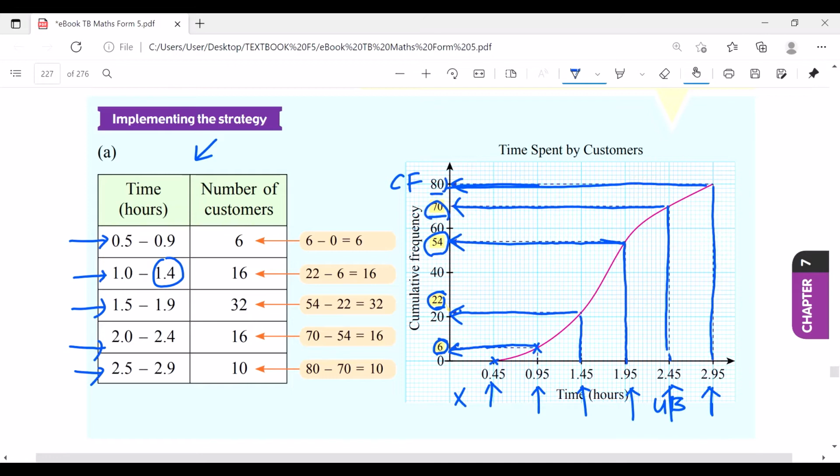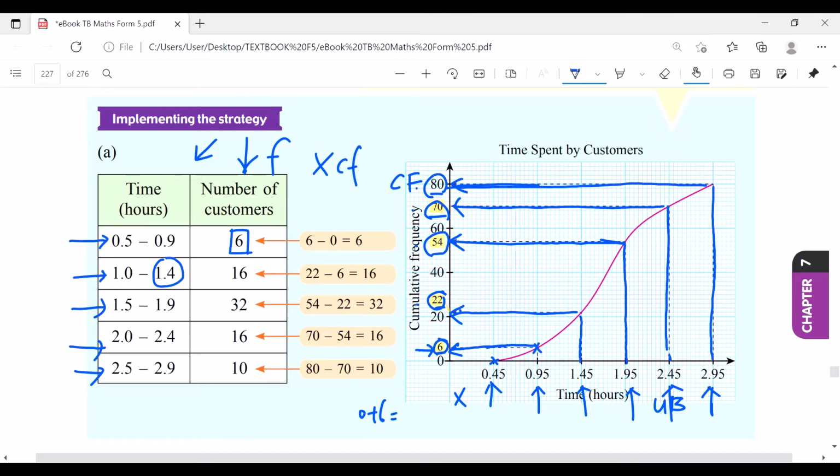You have 5 classes, so you have 5 cumulative frequencies, but you cannot write them here because this is for frequency, not the cumulative frequency. So what you do, the first one is correct, 6, because you get 6 from 0 plus 6. Remember when you want to do the cumulative frequency, but this time we do the reverse.